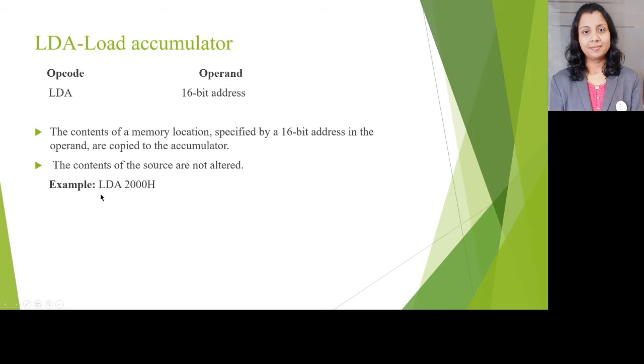The example can be LDA 2000H. As I told you, the operand is a 16-bit address, so 2000H is a 16-bit address specified with the opcode LDA. Here what is happening is whatever data is present at this address 2000H is transferred to the accumulator.